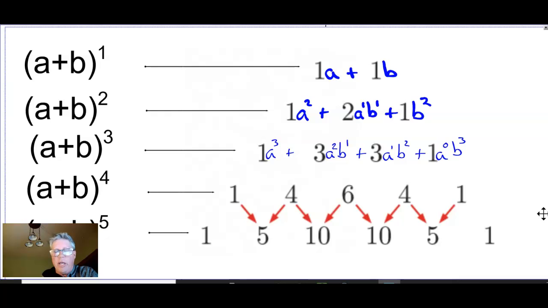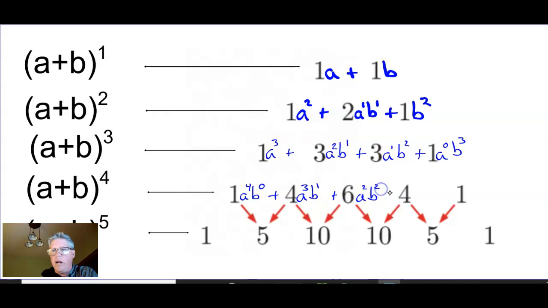If we take it to the fourth, maybe you'll notice that we're going to get a to the fourth b to the 0 plus a cubed b first plus a squared b squared plus a first b cubed plus a to the 0 b to the fourth.